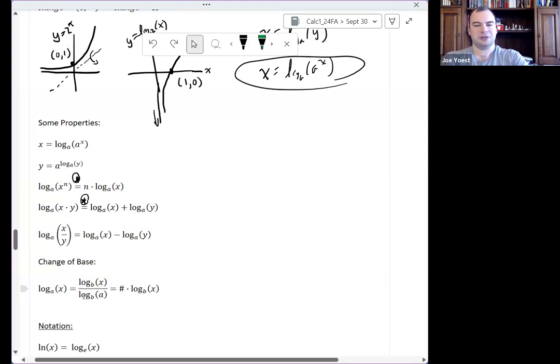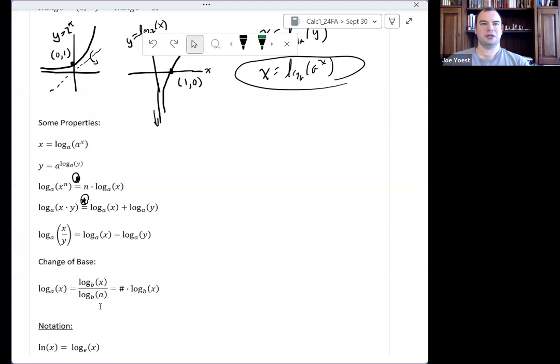But a and b are just numbers. They're just bases. They're not variables. Log base b of a is just some number. So I just have log base a of x is just some number times log base b of x. In other words, essentially, all logs are kind of the same as one another. They're just off by a scaling factor.